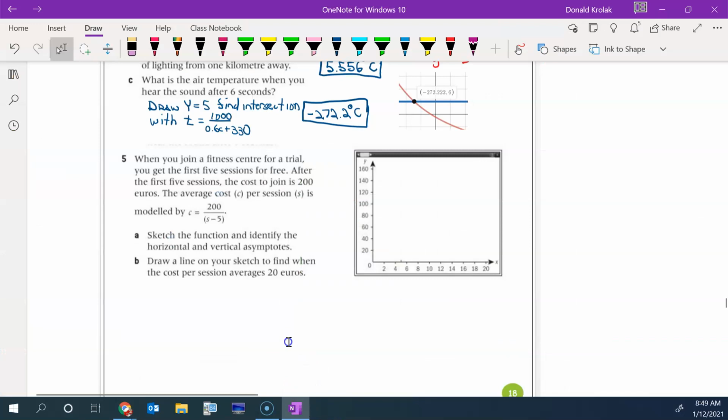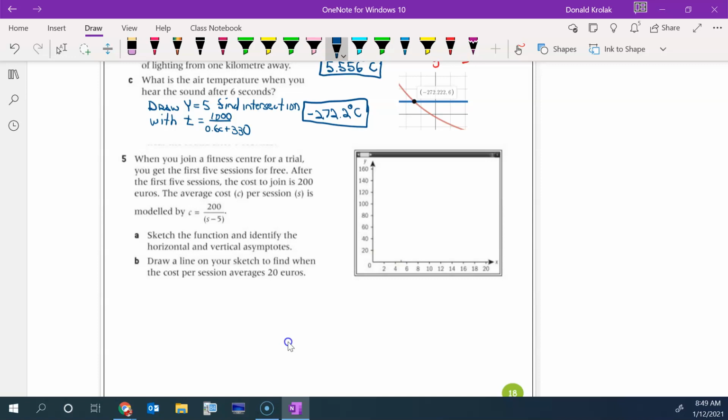All right, so when you join a fitness center for a trial, you get the first 5 sessions free. After the first 5 sessions, the cost to join is 200 euros. The average cost per session is modeled by this.